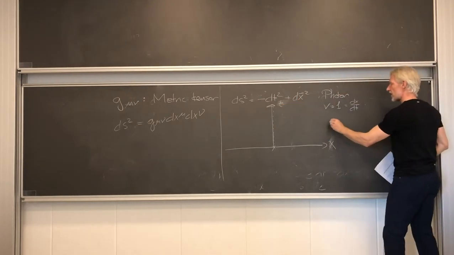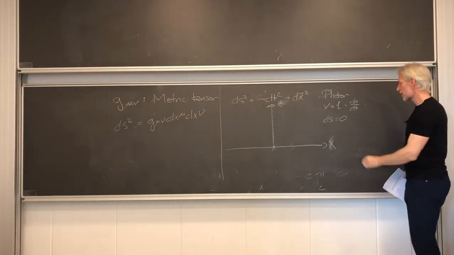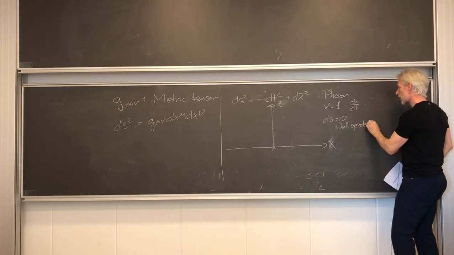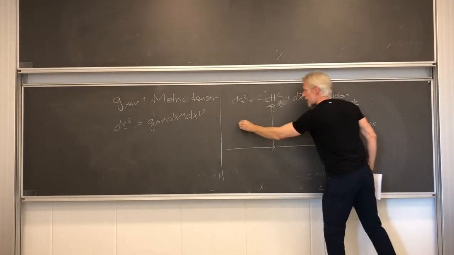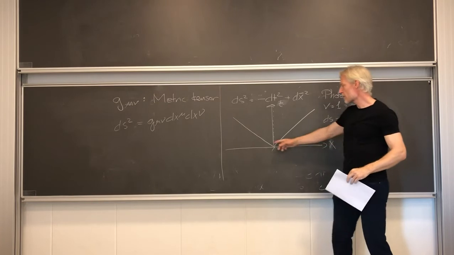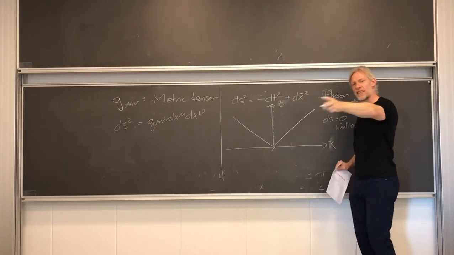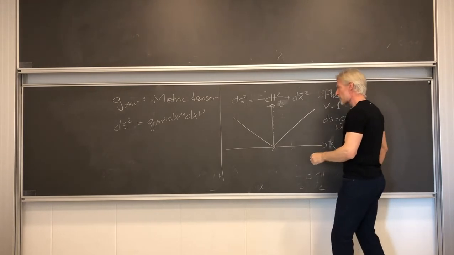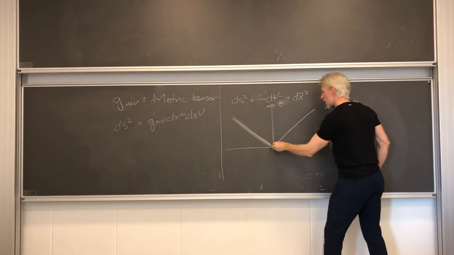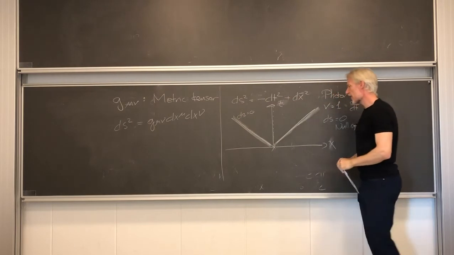So for a photon, I can very quickly establish that ds is equal to 0. This is what I call a null geodesic. And there are two null geodesics in this diagram, because I have motion only in one dimension. Normally it would be a cone in space as I propagate forwards, but here it's just two lines. So here I would have ds equal to 0, and that's photon propagation.